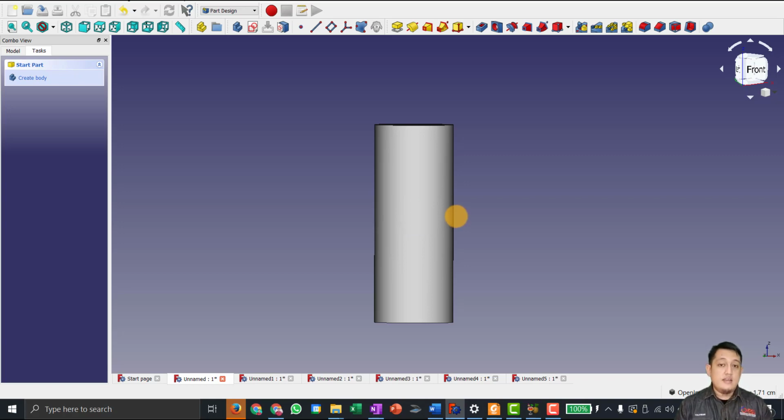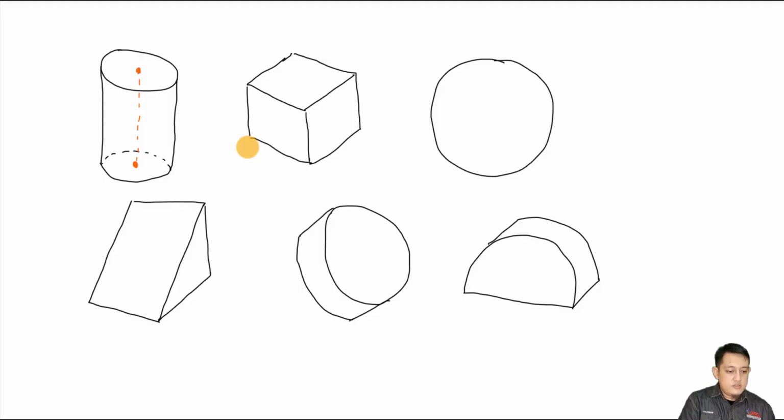Therefore, when we combine these two things, the location of the centroid of this cylinder should be at the center like this. This is the location of the centroid.